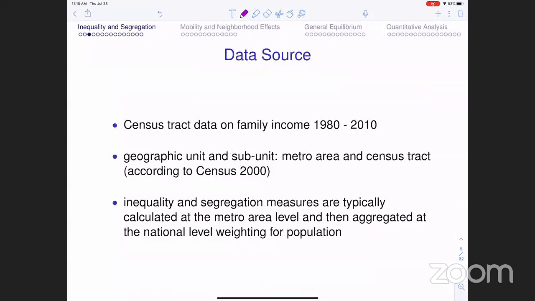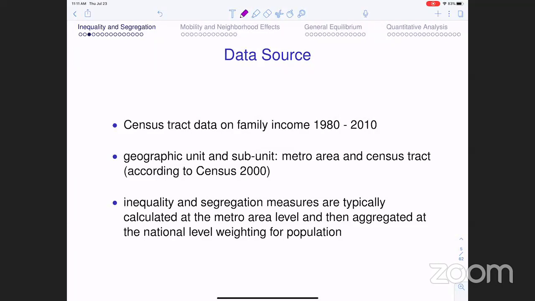So let me start with data on inequality and segregation. There are many papers that use different data sources, but I'm going to use some census tract data on family income between 1980 and 2010. Again, I'm going to focus on the US, although of course there are similar patterns in many developed countries.